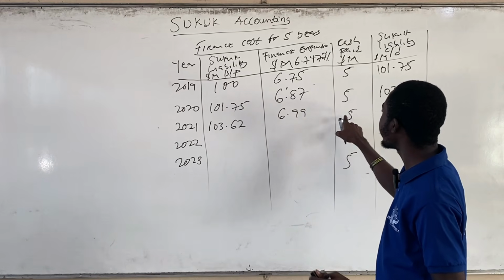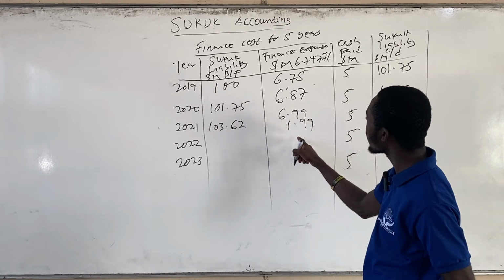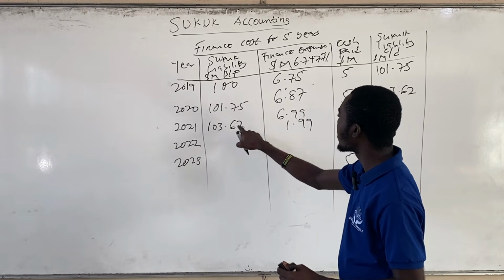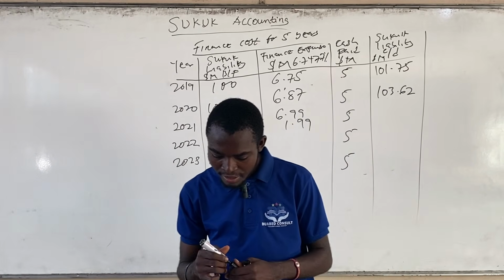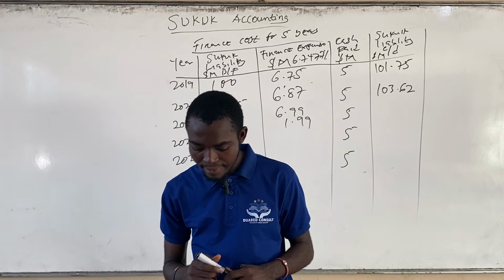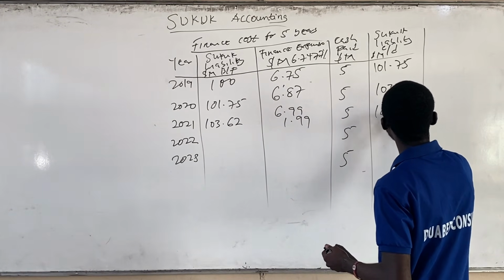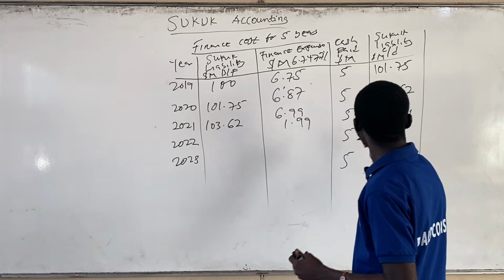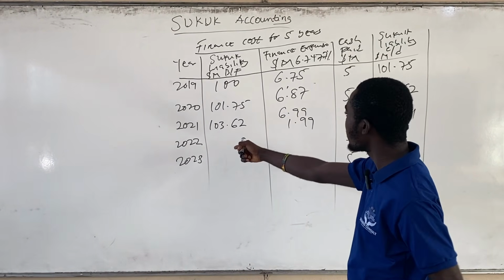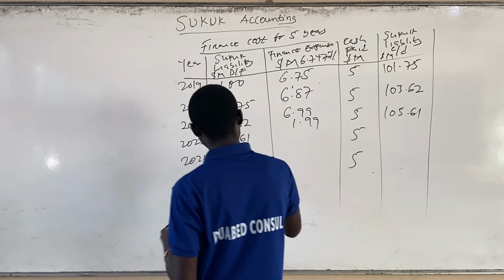So 6.99 minus 5 will give us 1.99. And then you add this 1.99 to 103.62, and it will give us 105.61. So this amount will serve as the open balance for 2022.